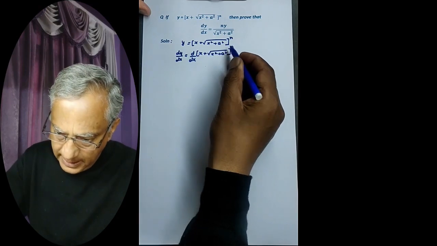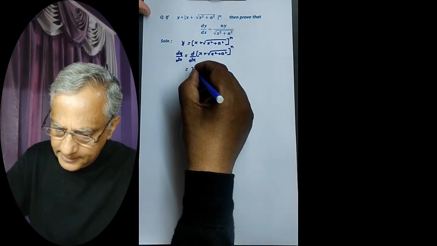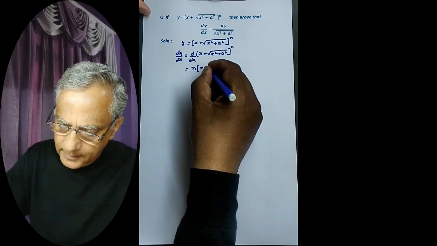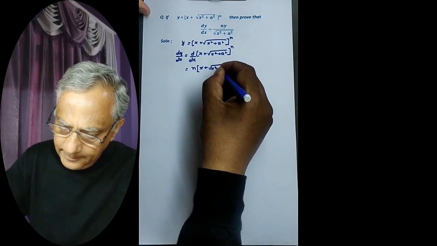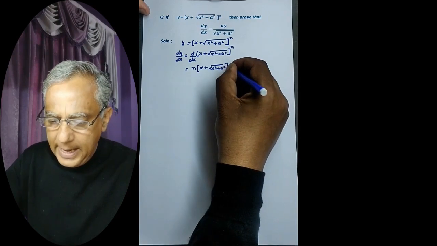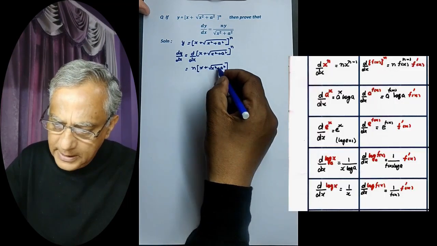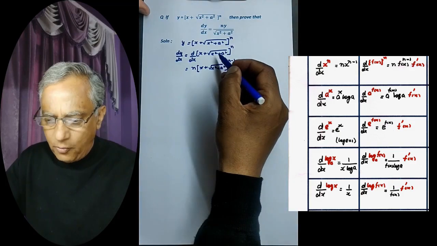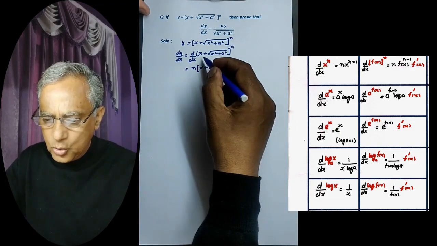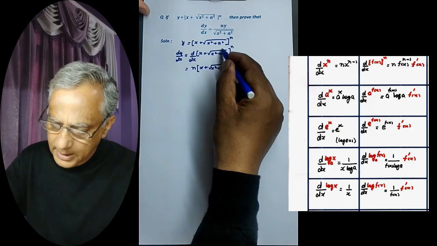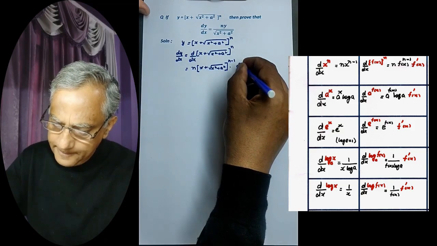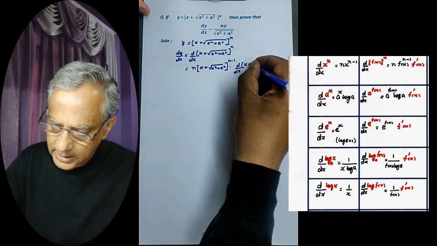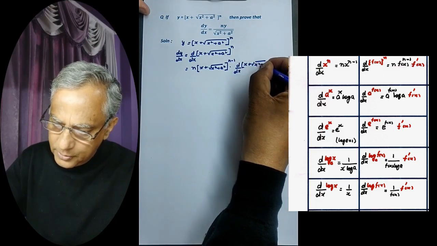So this will be n f(x), where f(x) is x plus under root x square plus a square. This is n f(x) to the power of n minus 1. Formula valid for x is being used for f(x), so we must take the differentiation of f(x). This is x plus under root x square plus a square.